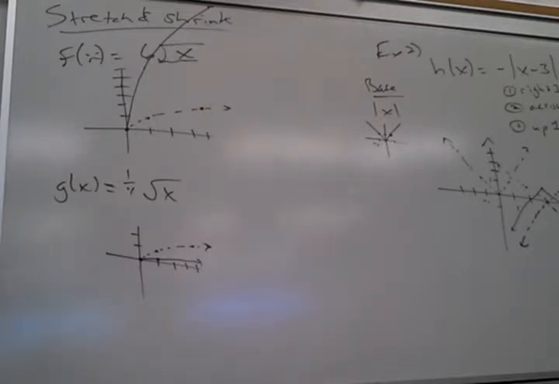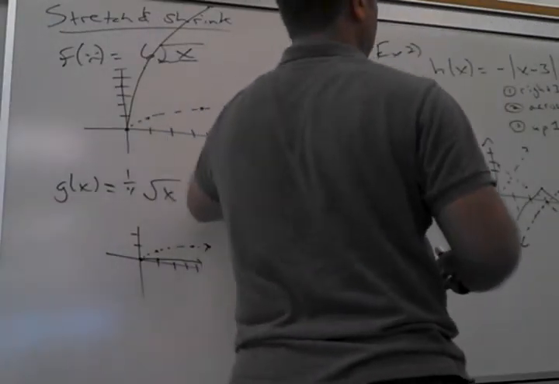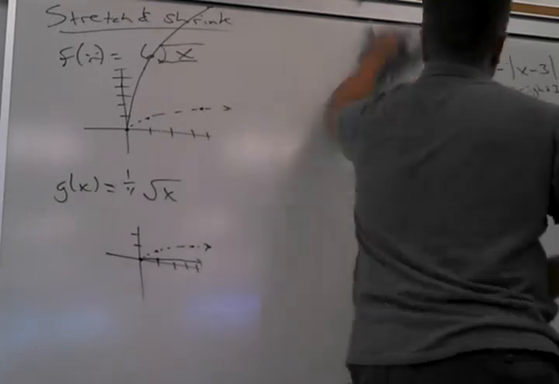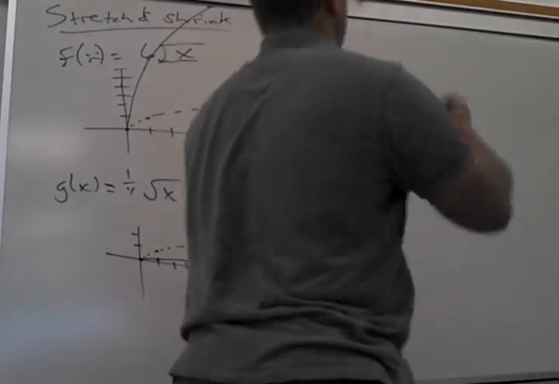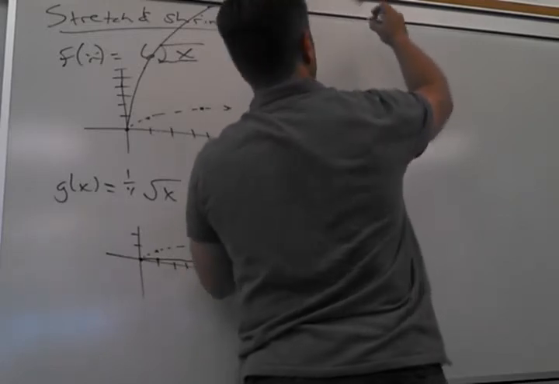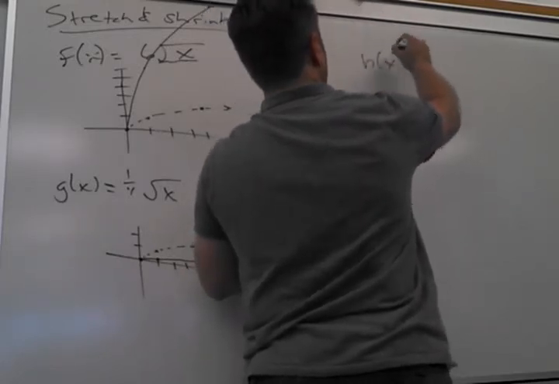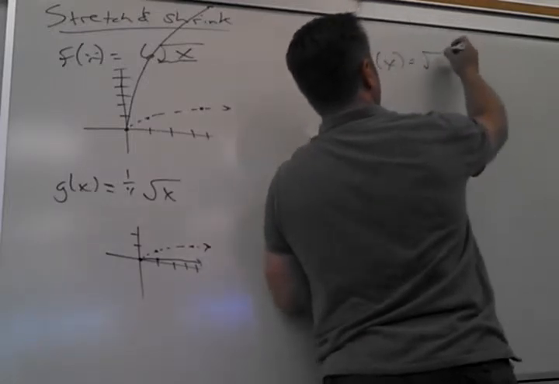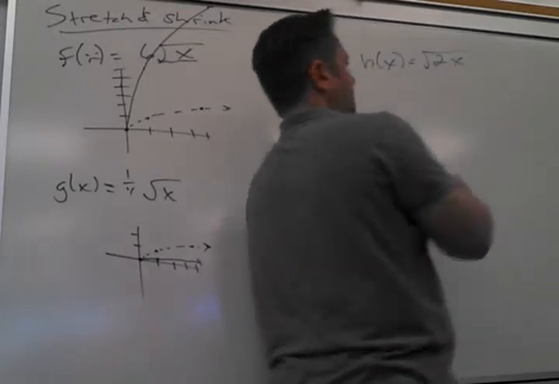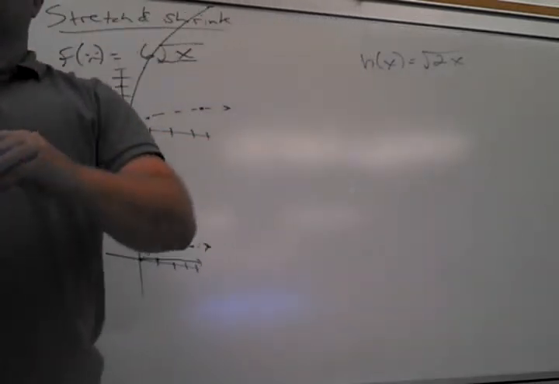All right, so what happens if I have some of the stuff inside? Let me take this away. Let's do square root of x minus 3.